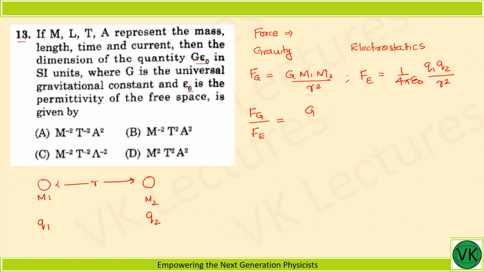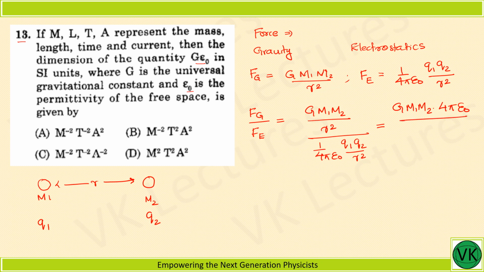That is G m1 m2 by r squared divided by 1 by 4 pi epsilon naught q1 q2 by r squared.